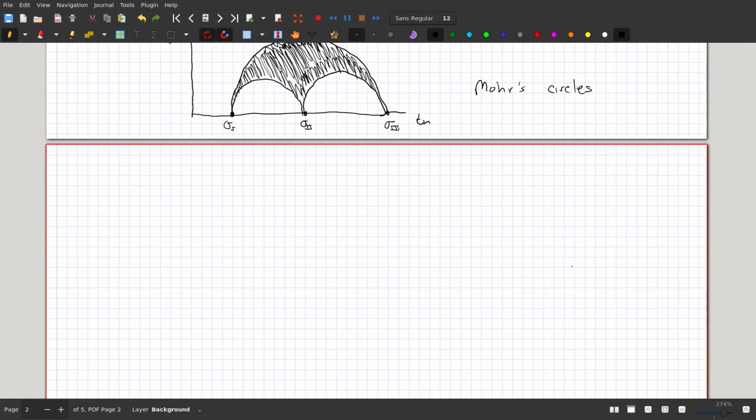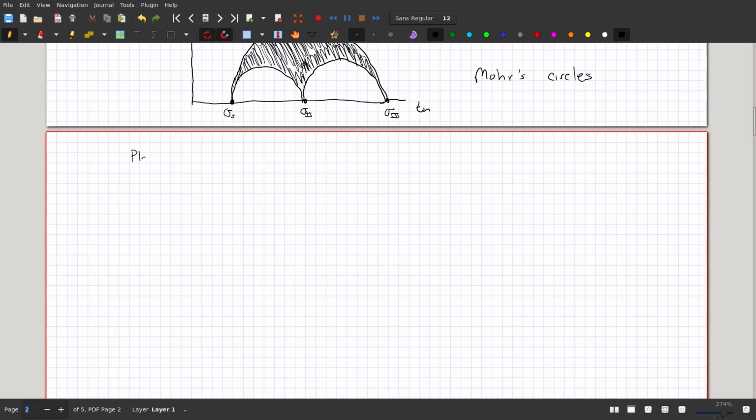Not going to go into them, but we can also reduce some three-dimensional problems to 2D through assumptions we call plane stress. So I'll talk about that one quickly first. And I'm not going to write down the equations for Mohr circles because I don't think it's that important. But let me just talk about what plane stress is.